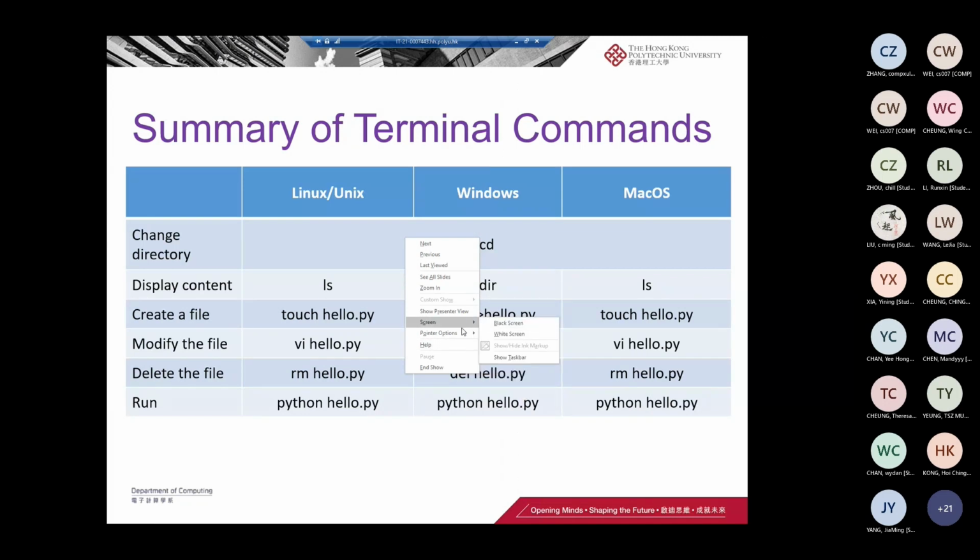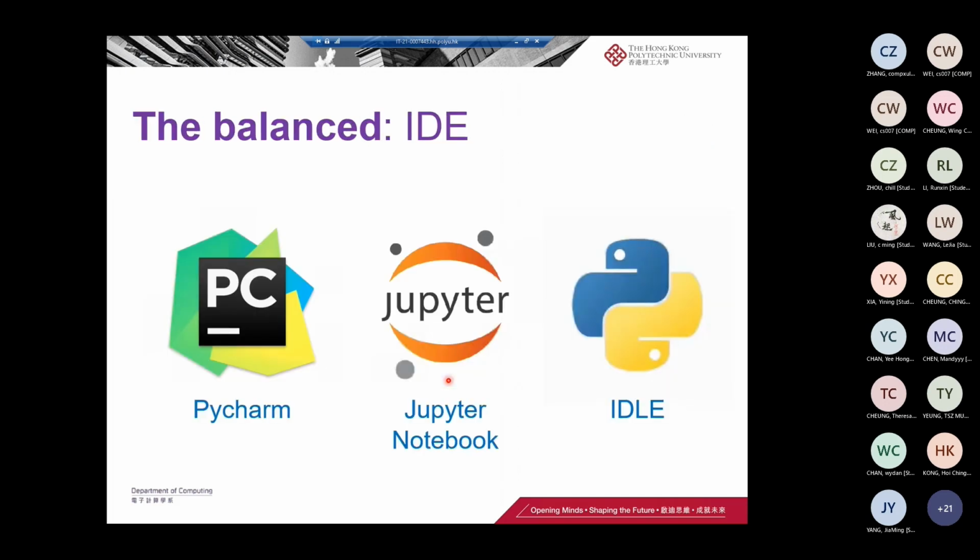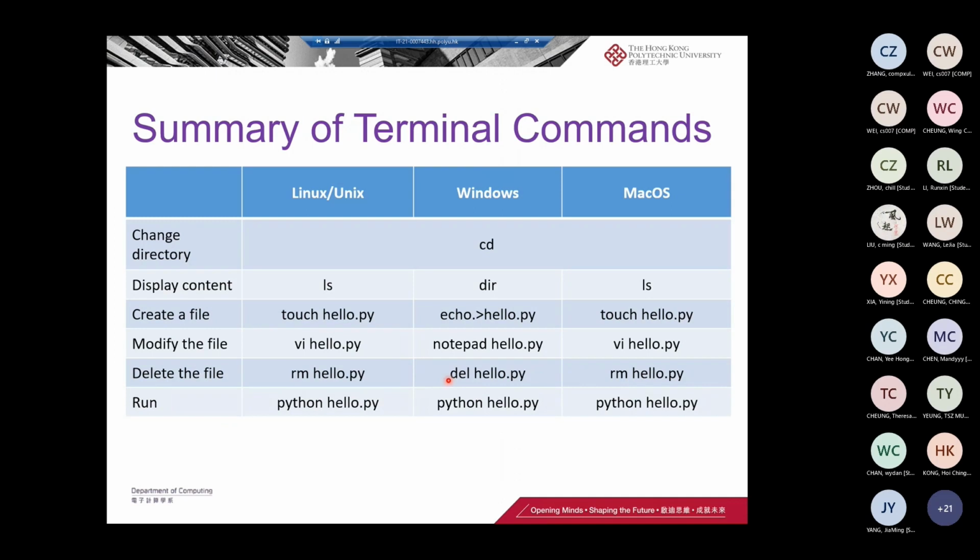This is just a short tutorial about how to program on different operating systems and how to operate the files on different systems, how to display them. So I think the reason we are introducing this here is because the command line will give you the most powerful control of your computers.